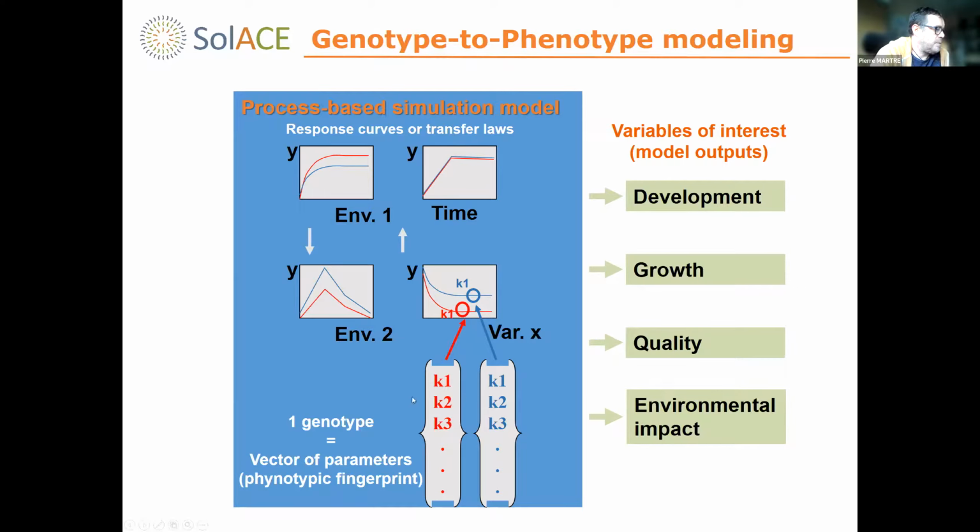So you have a number of so-called genotypic parameters that are a characteristic, a fingerprint of a genotype. This series of equations with this parameterization allows you to predict the response of the system to perturbations from the environment, the genotype, or the management, which is part of the environment.